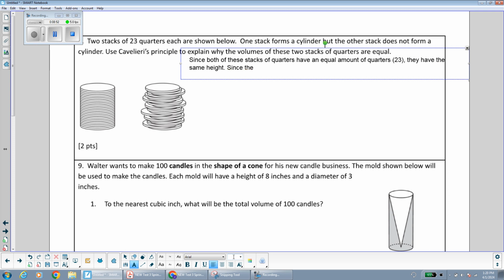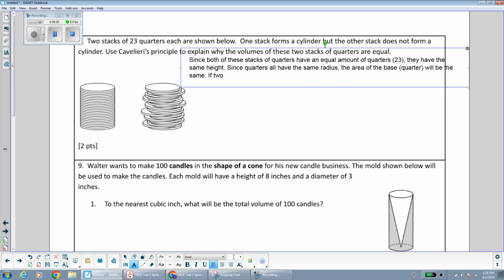Since quarters all have the same radius, the area of the base, which is the quarter, will be the same.